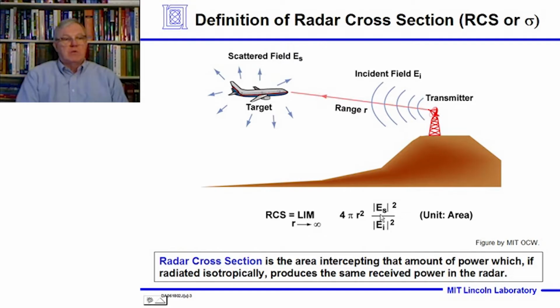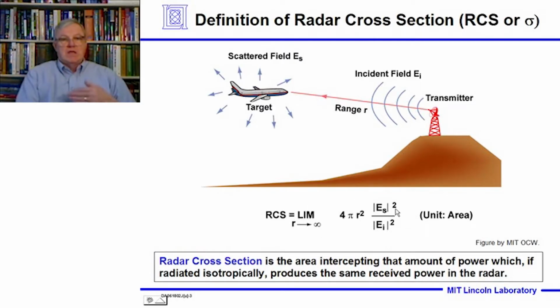It's 4 pi r squared times the electric field that's scattered by the target, divided by the electric field that's incident on the target. And with this exact definition, the scattering could go off to the sides. So the radar cross-section, you can see, is dependent on the angle that you look at the target from the radar. We'll look at that issue in the next view graph. And the units of the radar cross-section are an area.